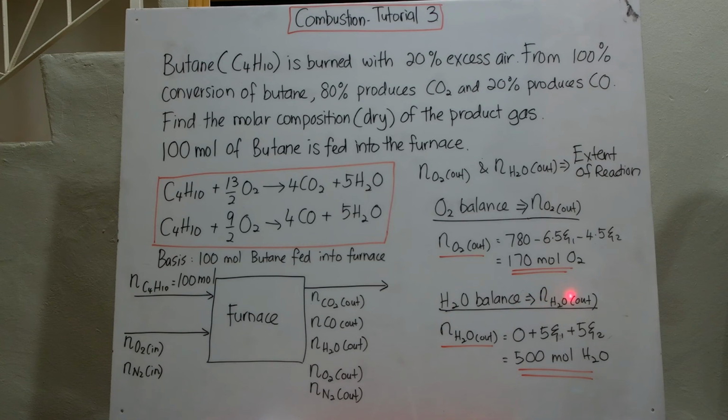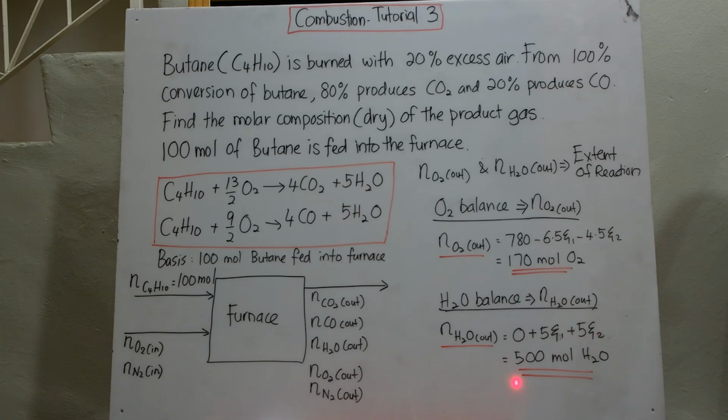And then, since we want to find the water produced from the process, we do the H2O balance. We know water out, or water being produced, is equivalent to water that goes in, which is 0 because we do not have water in our feed, plus 5 times extent of reaction 1, because it's a product, plus 5 times extent of reaction 2.